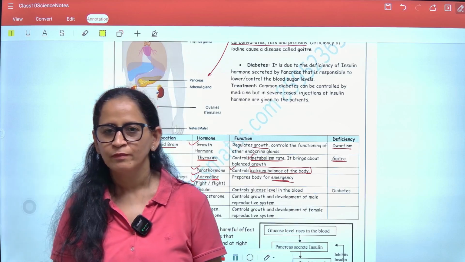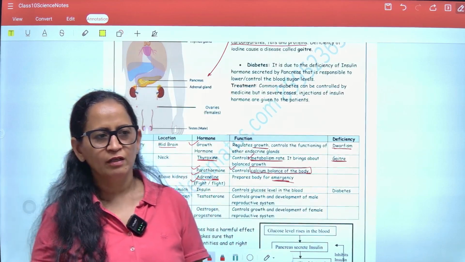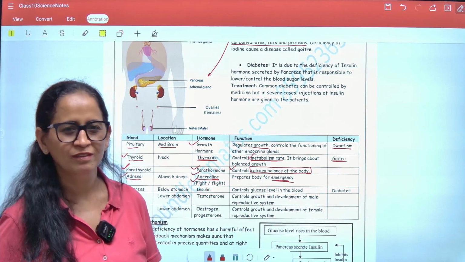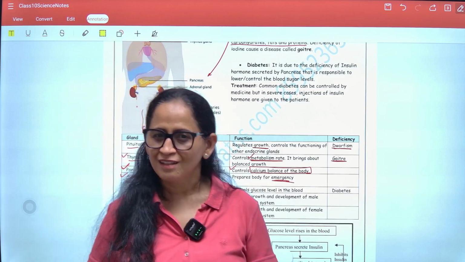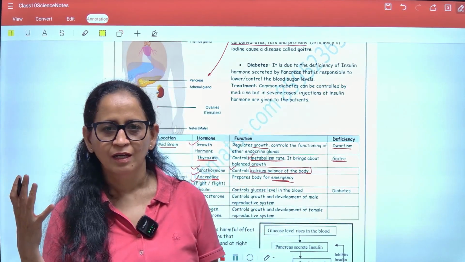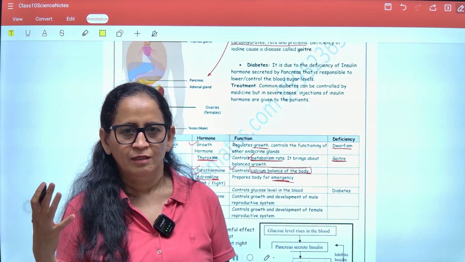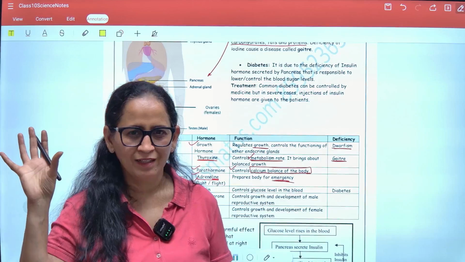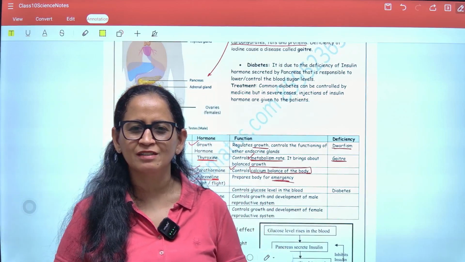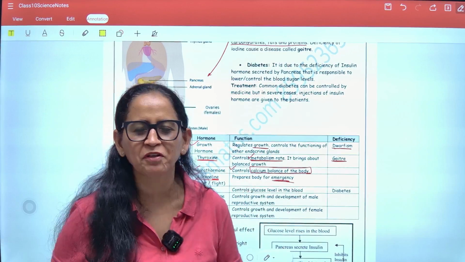For example, you are going on a safari and suddenly you see a lion in front of you. You will start sweating, BP might become very high, and your eyes will open wide and your muscles will get activated to an extent that you will run the fastest ever in your life.